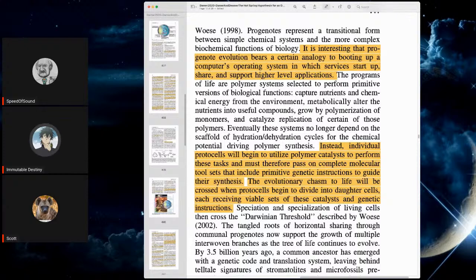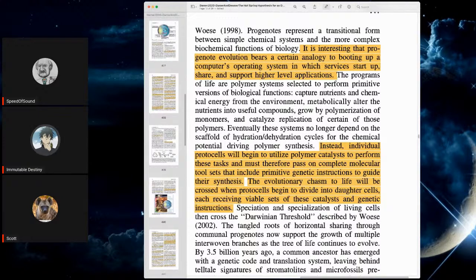The programs of life are polymer systems selected to perform primitive versions of biological functions: capturing nutrients and chemical energy from the environment, metabolically altering the nutrients into useful compounds, growing by polymerization of monomers, and catalyzing replication of certain of those polymers. Eventually, these systems no longer depend on the scaffold of hydration-dehydration cycles for the chemical potential driving polymer synthesis.